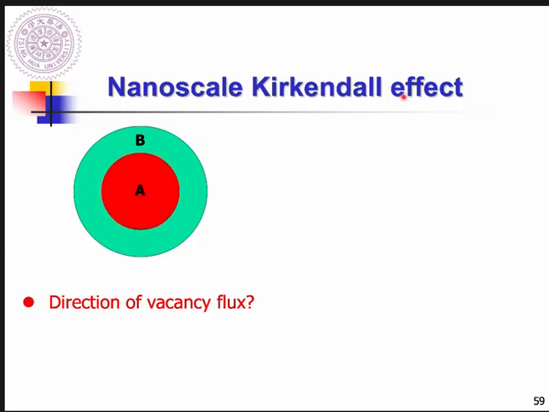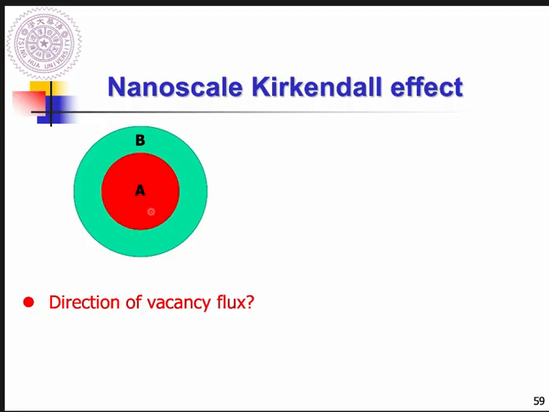I'm going to give you an example regarding the nanoscale Kirkendall effect. Some scientists use this effect to synthesize hollow nanoparticles or hollow nanotubes, as we mentioned in the prior slide. But we will focus on the synthesis process step by step.